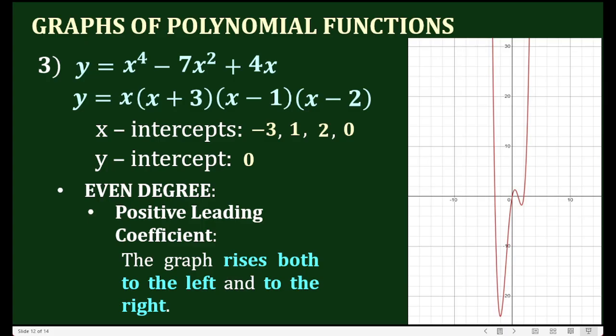Now for the number of turning points, it is 1 less than the degree. Since the degree is 4, the turning points are 3. There are 3 turning points, so let us count. 1, 2, 3. Okay. Next.